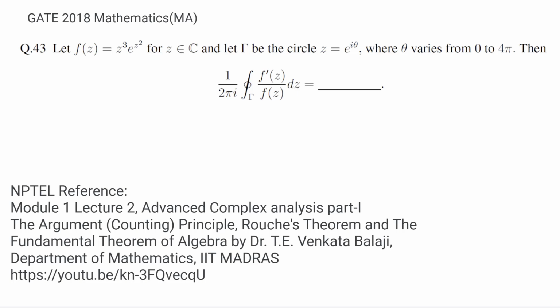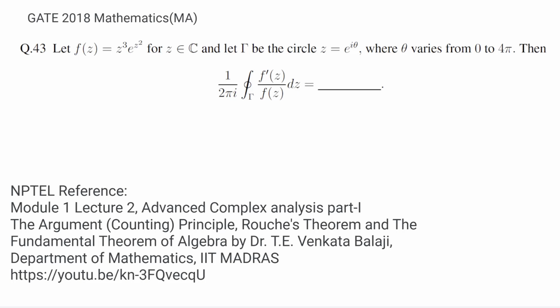So now coming to the solution, by just looking at the type of integration, that is f dash of z divided by f of z, the one theorem you should remember is the argument principle. Whenever you see an integration of this form, f dash of z divided by f of z, the theorem you can apply is the argument principle.